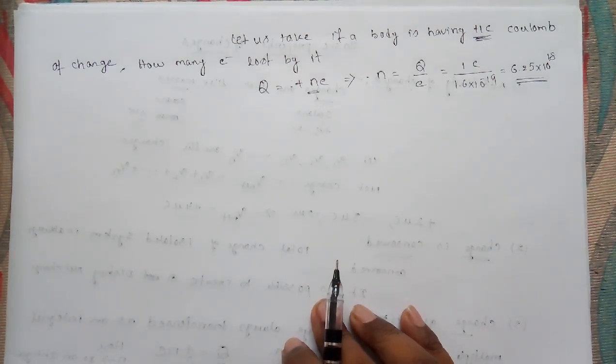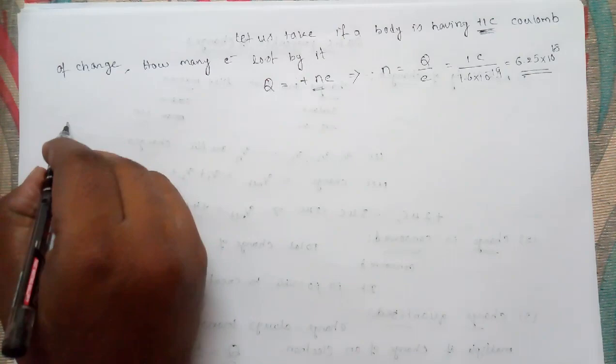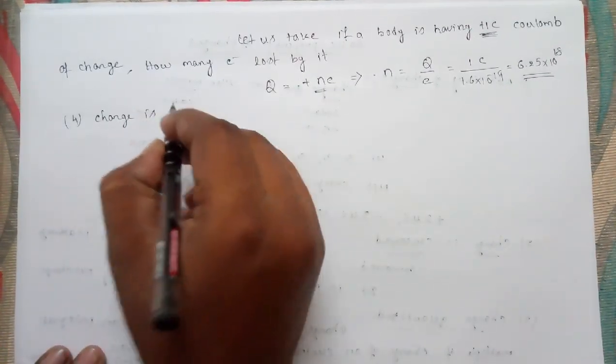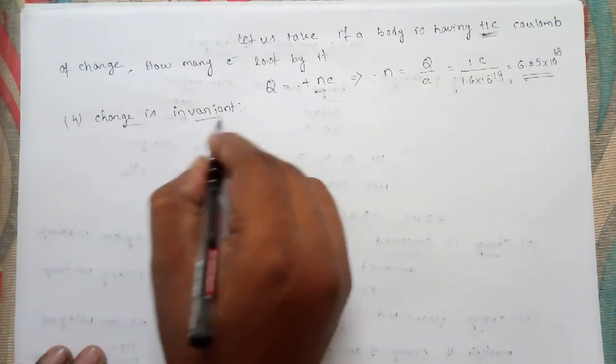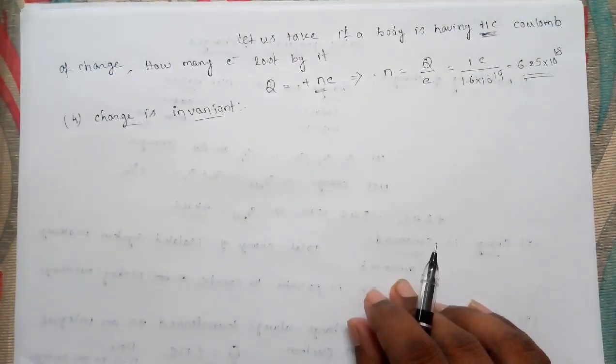Next one, charge is invariant. Invariant means that for a body in motion, if it changes like mass, its magnitude keeps on increasing according to relativistic mechanics.